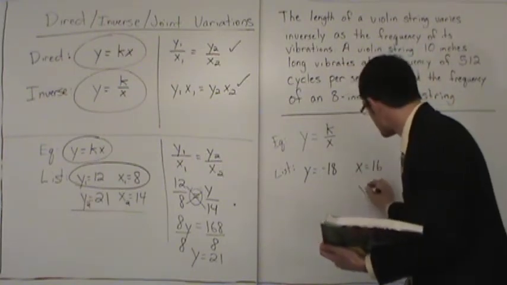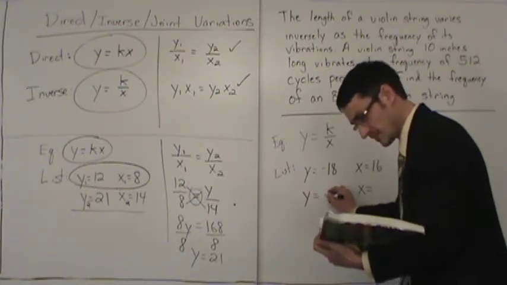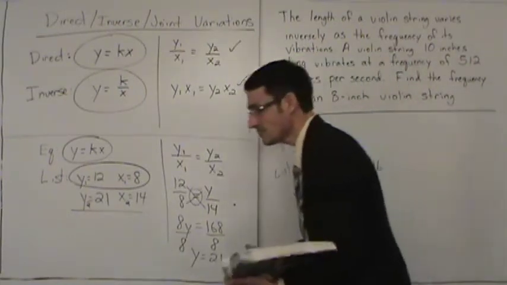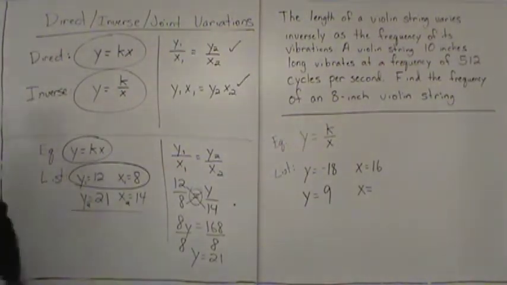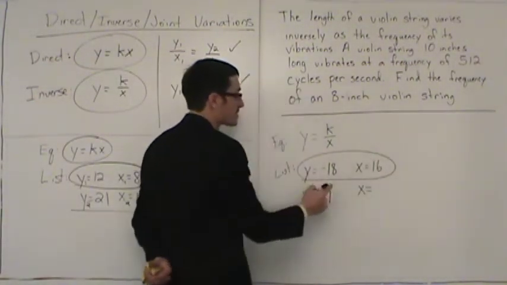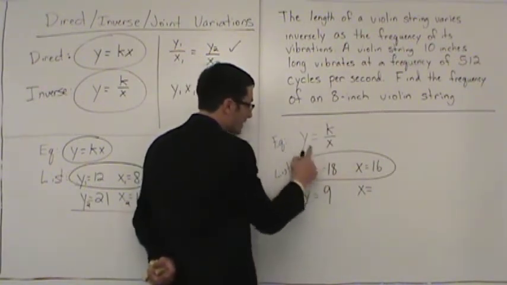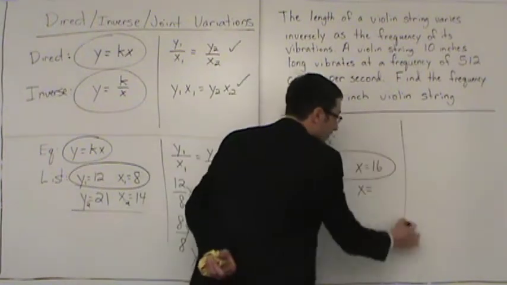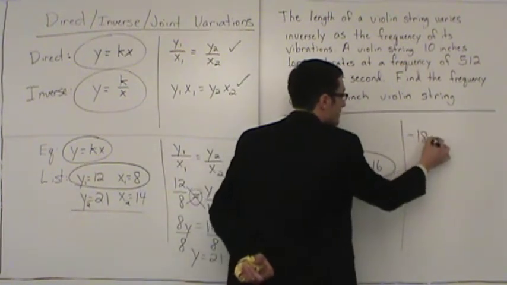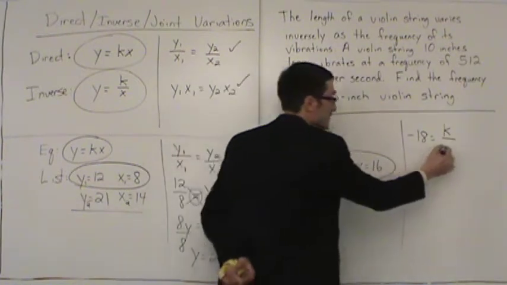Find x when y equals 9. Now, we start with the part of the list that does not have a missing value. Start with the top. So we throw these values in to find k. Y is negative 18, so negative 18 is equal to k over x, and our x value is 16.